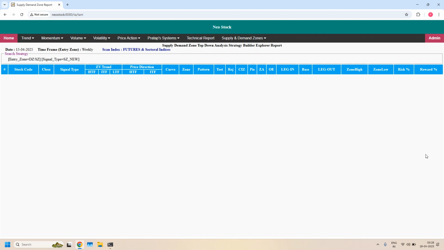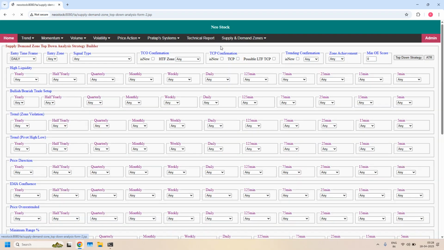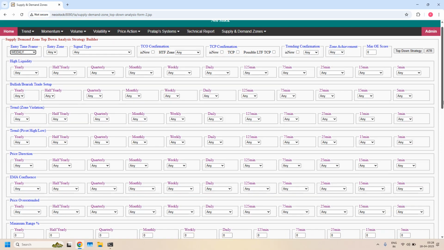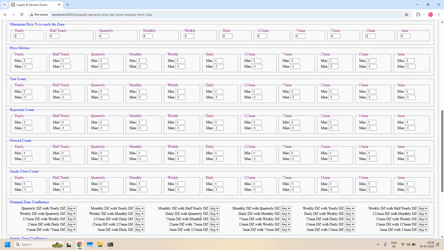Next, we will also generate weekly demand zones and supply zones based on the zone confluence, LTF, ITF, HTF zone confluence. First, let us look into the demand zones for weekly time frame. In the demand zone confluence, I am going to add 3 filters.